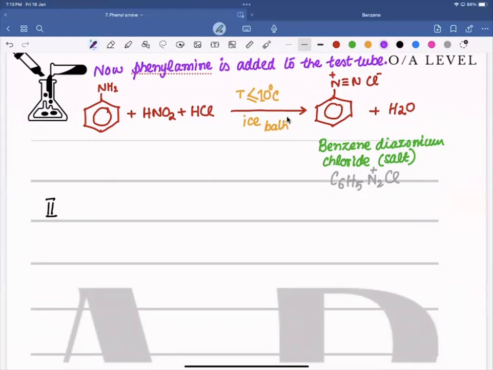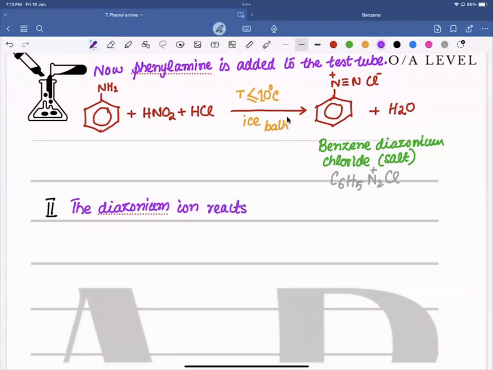Now, if you recall again, if we heat this diazonium chloride with water, it releases nitrogen gas and an OH group is substituted over here, and phenol is formed. But now here, the diazonium ion is a positive ion. So is a positive ion an electrophile or a nucleophile? Electrophile.